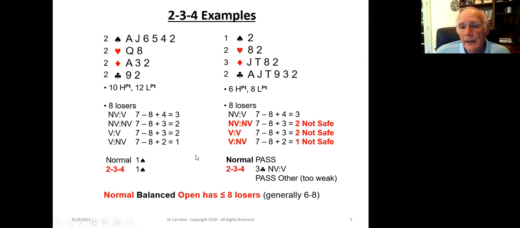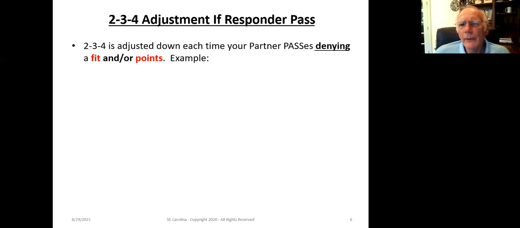All right, now just as a general note, generally an opening bid has 6 to 8 losers, so you know that's a pretty wide margin. Now one other thing that I wanted to note is that we all kind of fall in love with our hand.